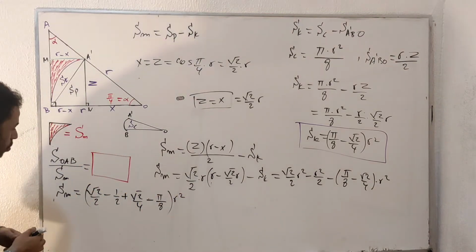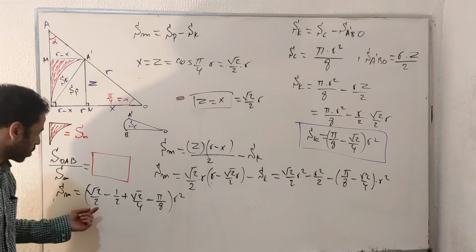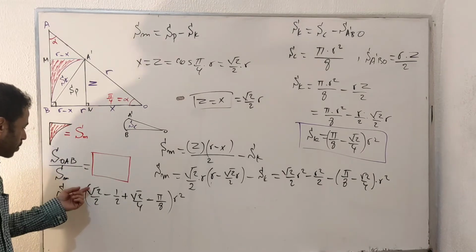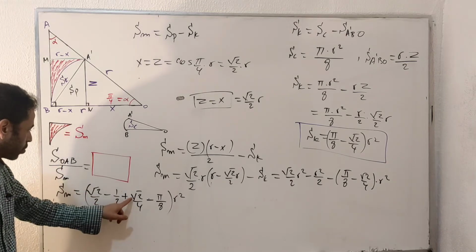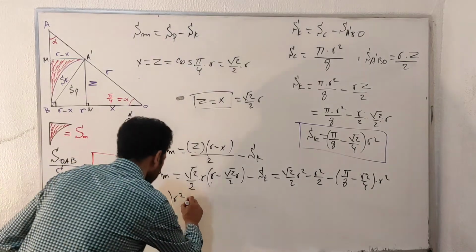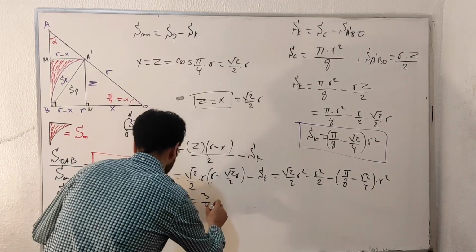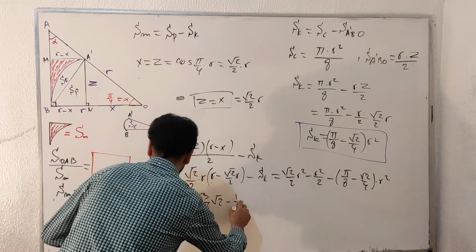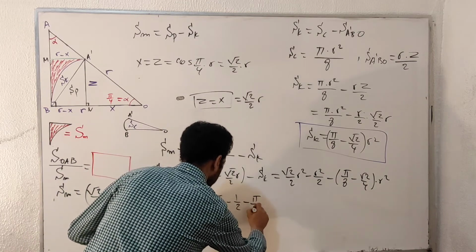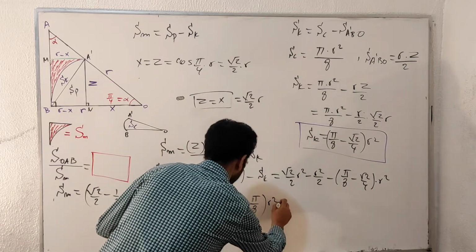Okay, so I'm going to simplify this expression by adding this term and this term. I'll get here 2 multiplied by square root of 2 in numerator, which is 2, plus this one, which is 3 over 4, square root of 2 minus this half minus pi over 8. The entire thing is multiplied by r squared, like this.